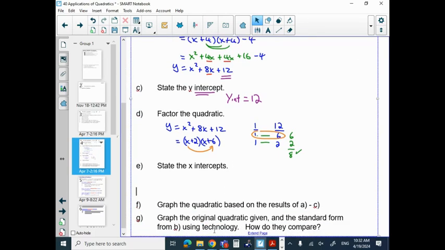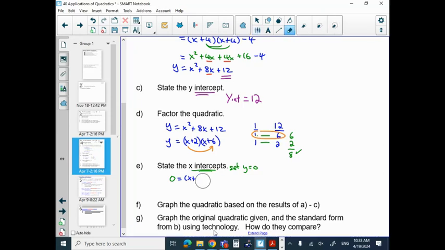State the x-intercepts. For the x-intercepts, we're going to set y equal to 0. So we have 0 equals that factored form, (x plus 2)(x plus 6).